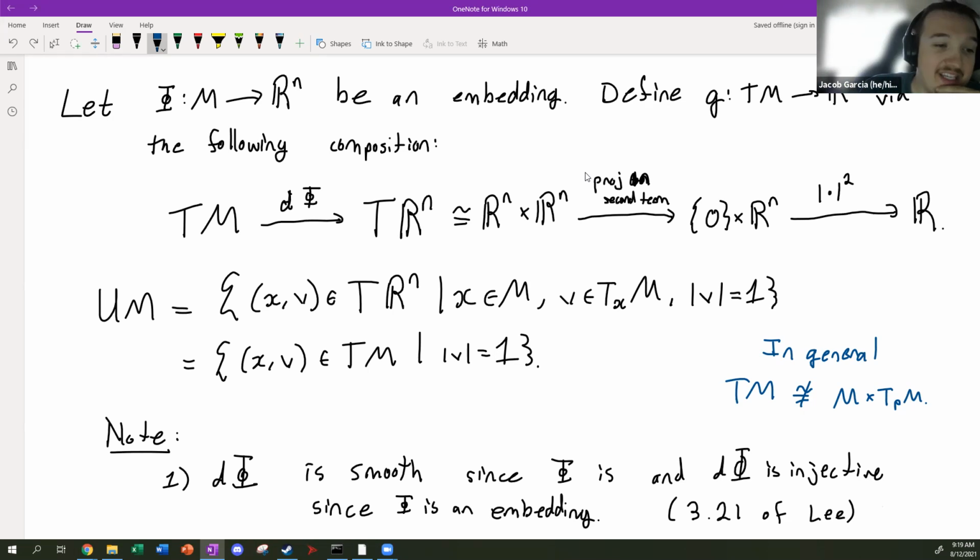Yeah, so this actually isn't an equality, not in a well-defined sense, because you have to choose a pullback of the distance function for every tangent space, and that might not vary smoothly as you move across different tangent spaces. That's why this total bundle is given as a subset of the total space of Rn.